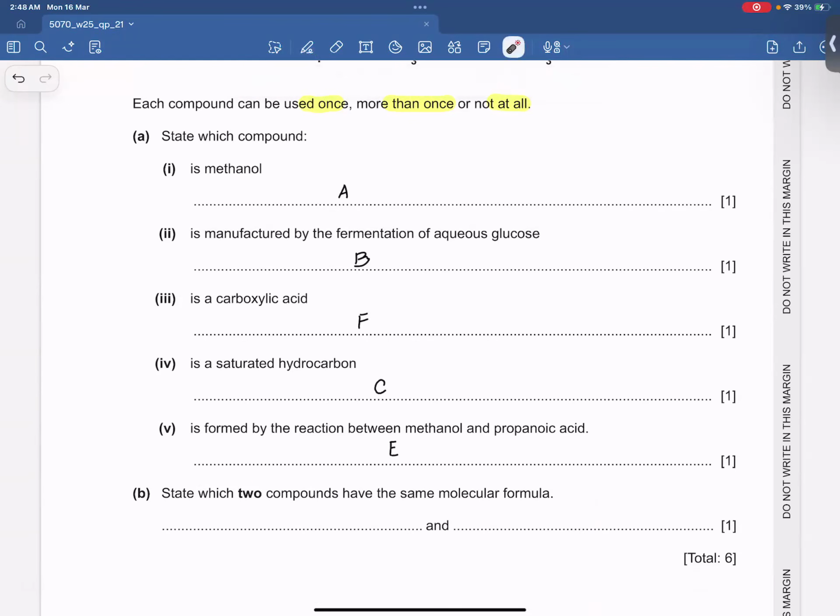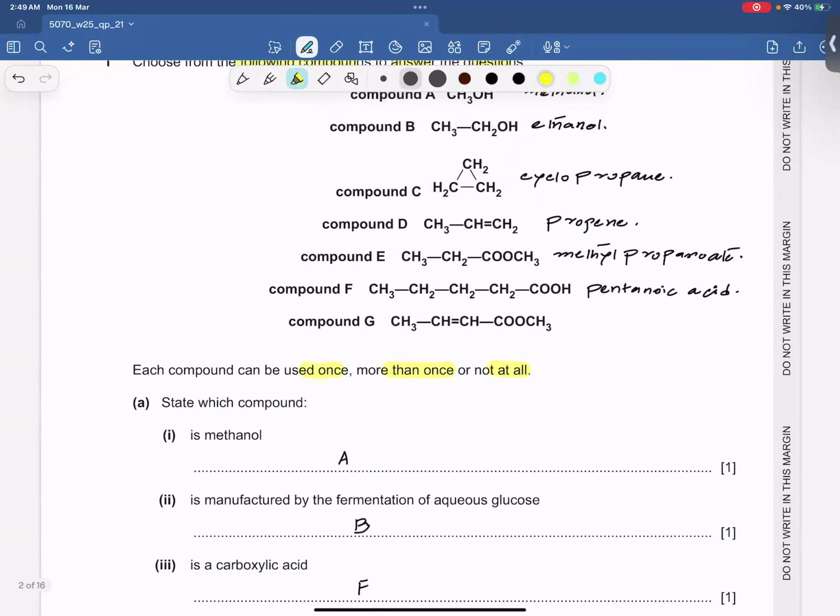State which two compounds, in fact, have the same molecular formula. Okay. So I think E and G, because we have 1, 2, 3, 4 carbon atoms.